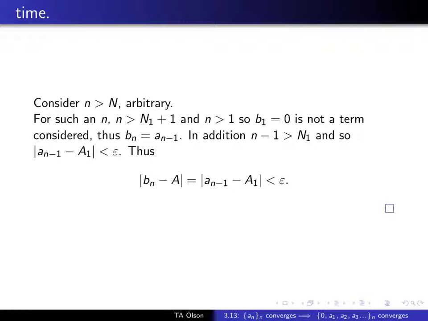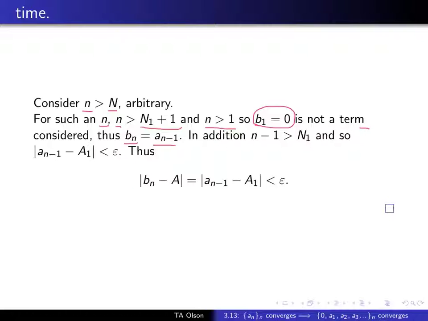Now I want to consider n greater than or equal to capital N to be arbitrary. So such an n is greater than N1 plus 1, and n is greater than 1. So this b1 equals 0 is not going to be a term that we're going to be considering. So for this n, b sub n is equal to a sub n minus 1. You notice that b1 was 0, but b2 was a1, b3 was a2.